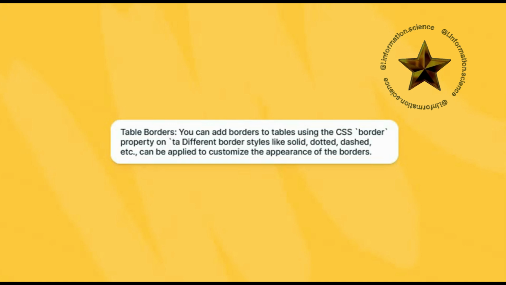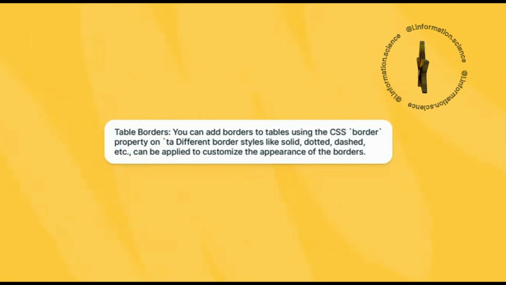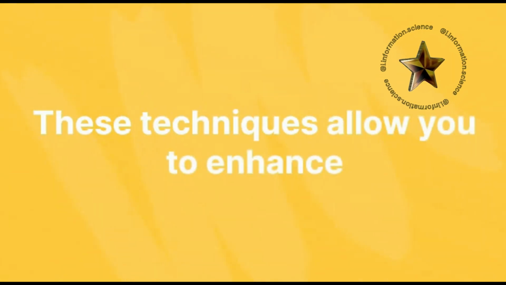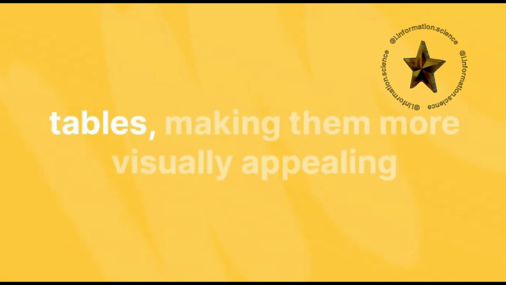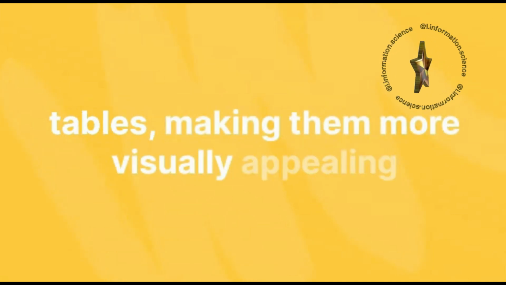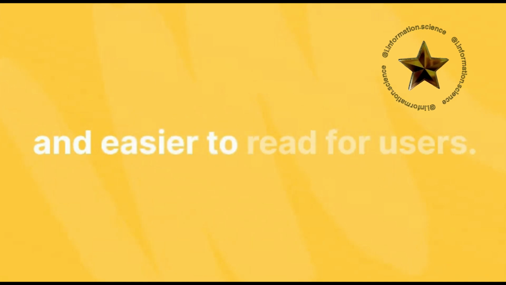Different border styles like solid, dotted, dashed, etc. can be applied to customize the appearance of the borders. These techniques allow you to enhance the visual presentation of your HTML tables, making them more visually appealing and easier to read for users.